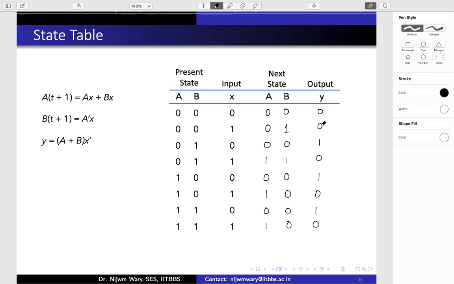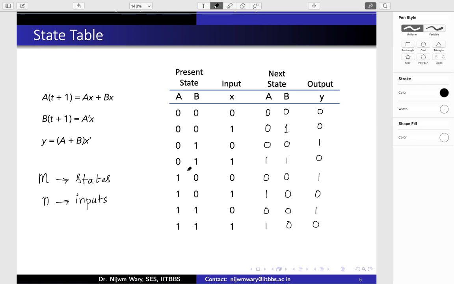So we can see that the rows of the table depend on the number of states, or the flip-flops it has, and the number of inputs. Suppose I have m states and n inputs.